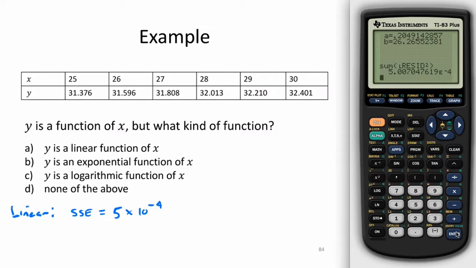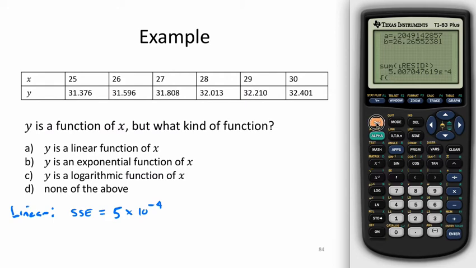That's 0.0005. Small. Is it small enough? Let's calculate the average error. That's how we figure out whether this is close enough to conclude that we've got a linear fit.